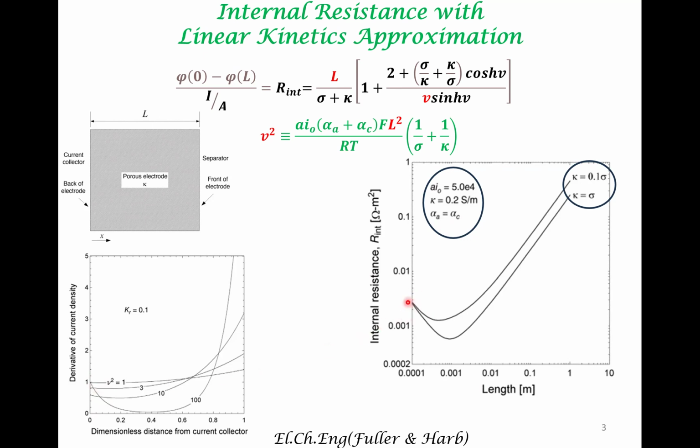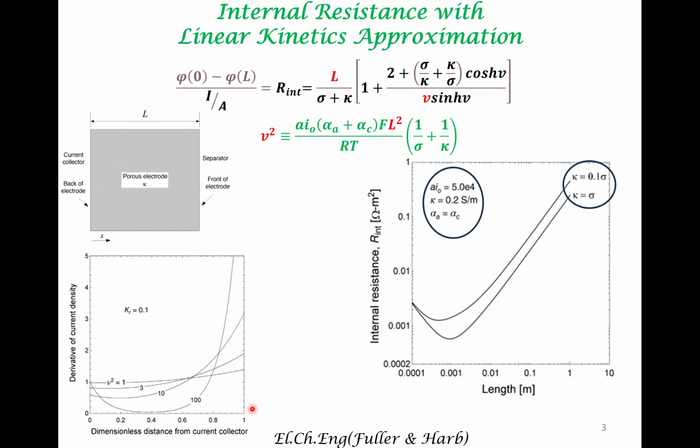So you still have fairly high internal resistance. Supposing the thickness is quite large, in that case, you have a lot of surface area available for reaction. However, the overall resistance is also high.